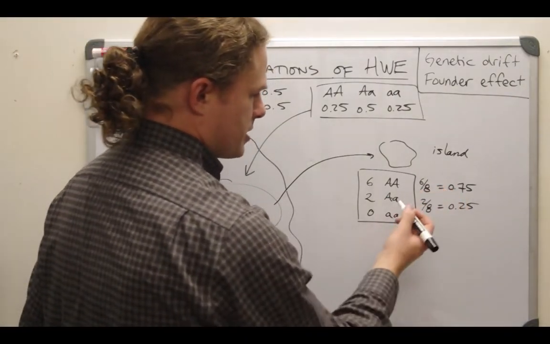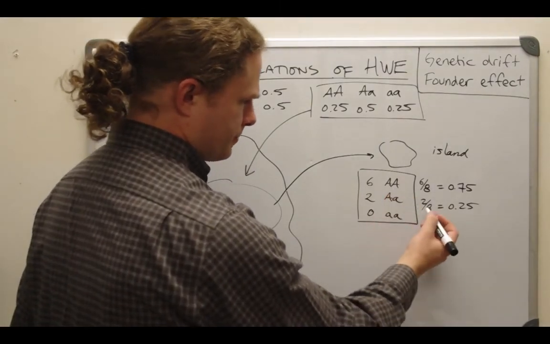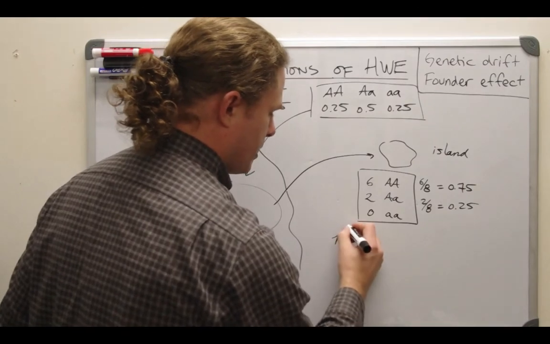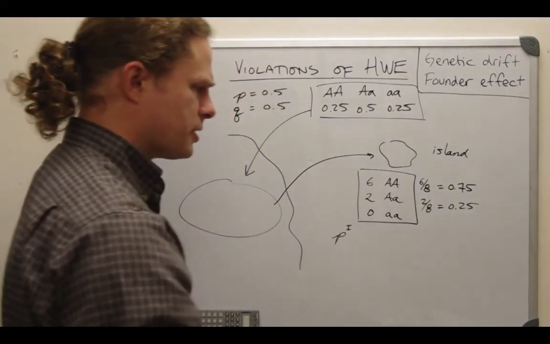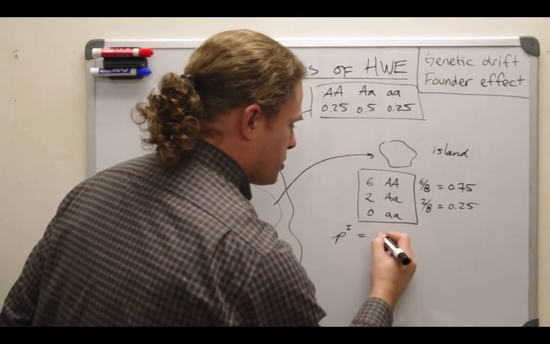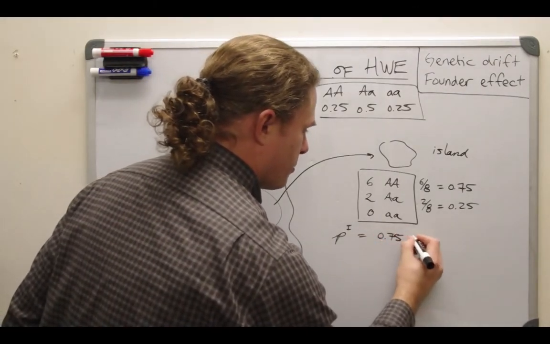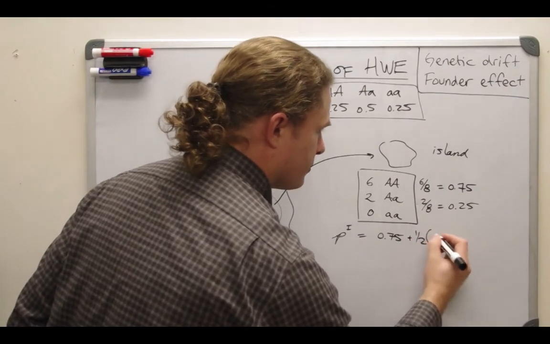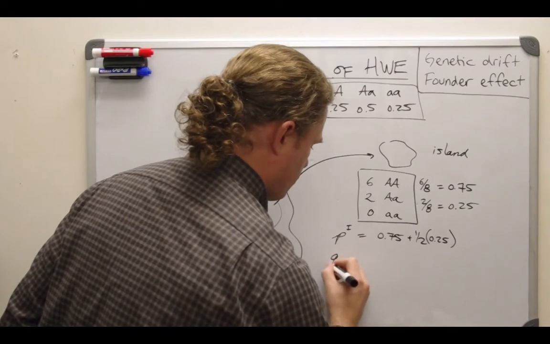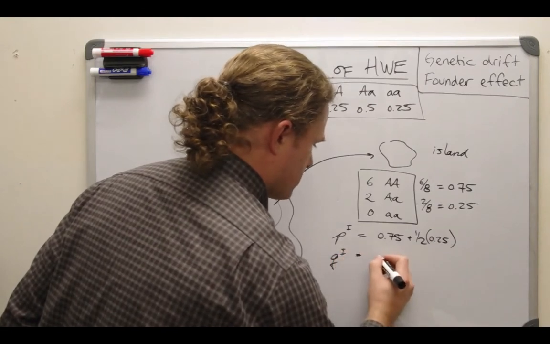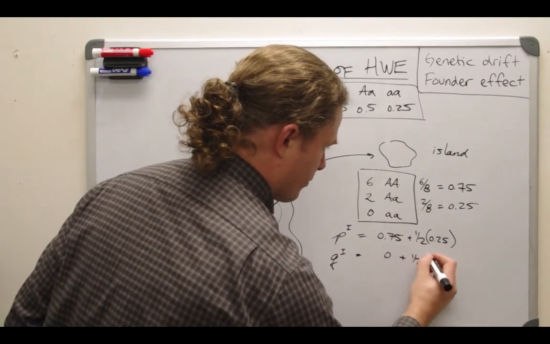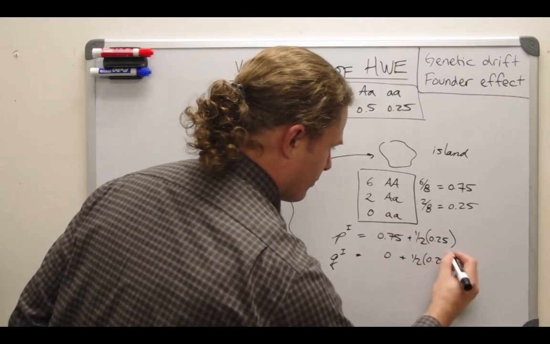So if that's the frequency of the big A class, that's the frequency of the heterozygous class, then we can calculate P for the island. I'll do this as a superscript capital I, is equal to 0.75 plus 1/2 of 0.25, and Q for the island is equal to 0 plus 1/2 times 0.25.